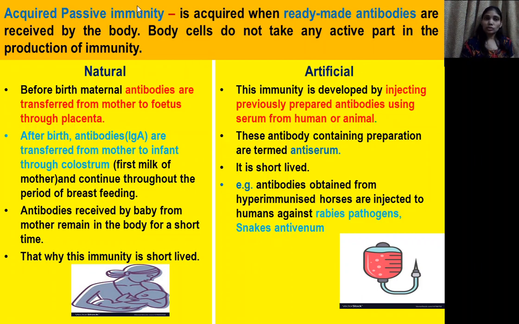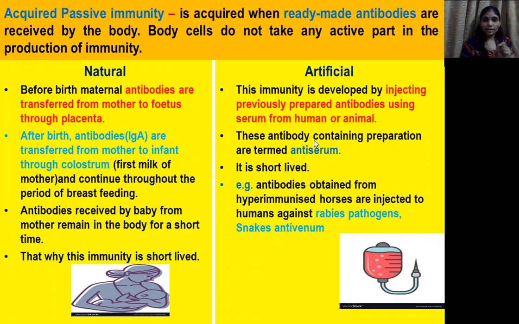And what is artificial passive immunity? This immunity is developed by injecting previously prepared antibodies. Antibodies are prepared outside, using serum from human or animal, and those antibodies get inserted into our body.